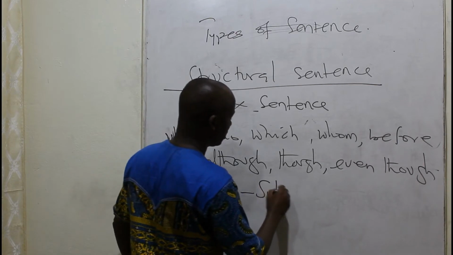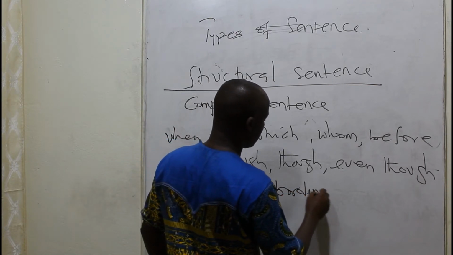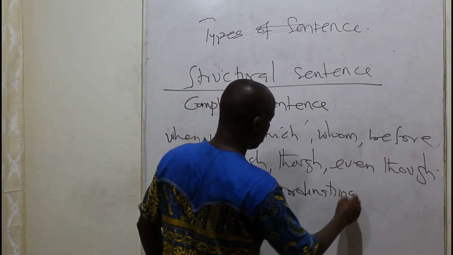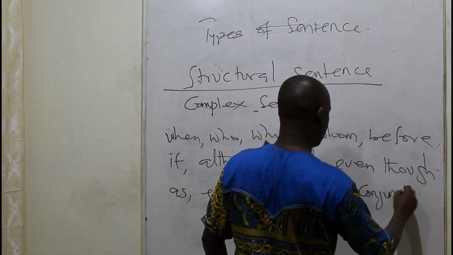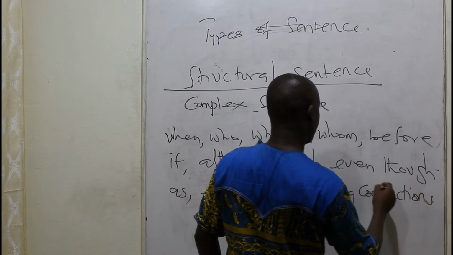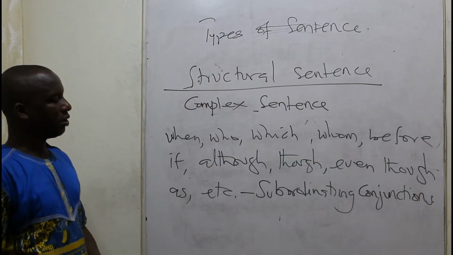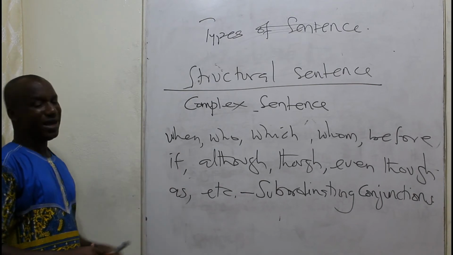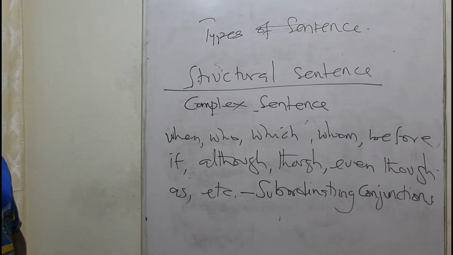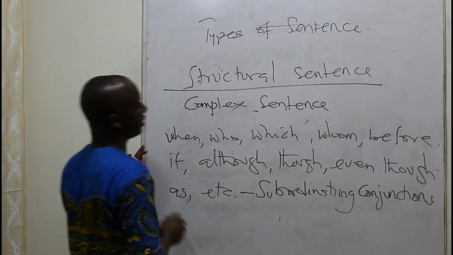They are called subordinating conjunctions. These are a few of them. Now, let's go back to the sentence. When I was coming, I met the principal.